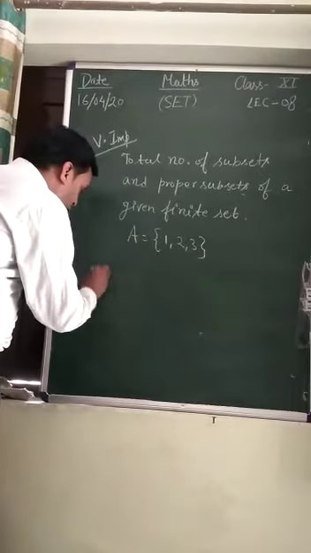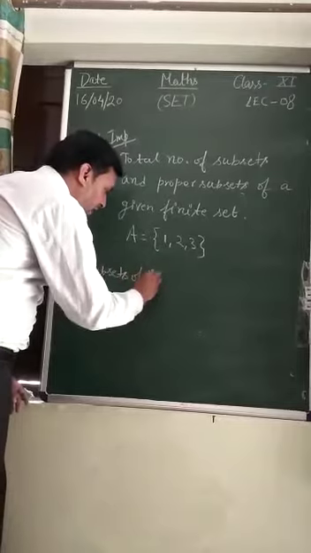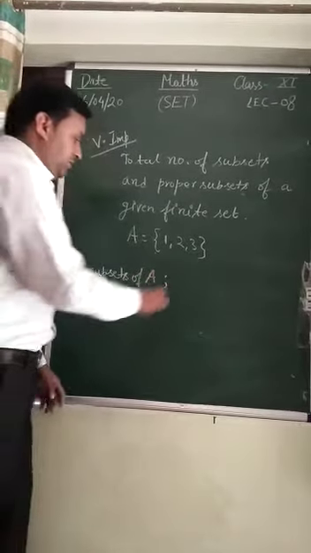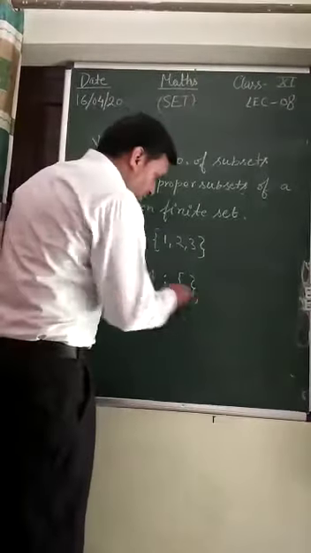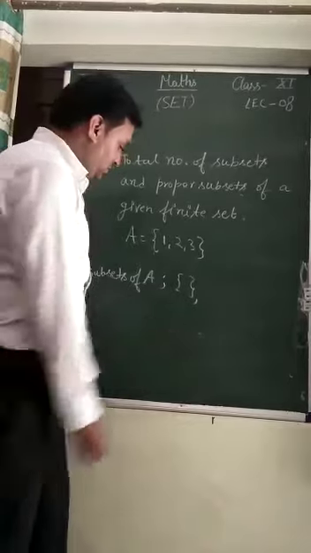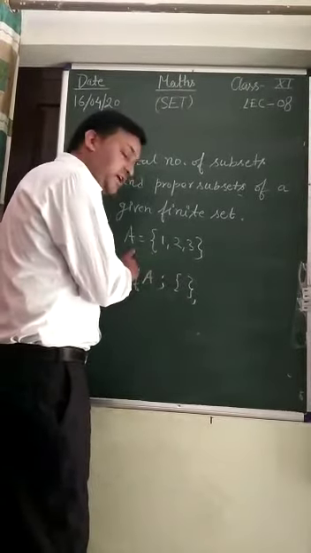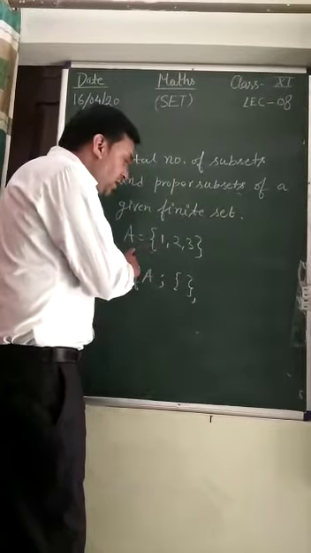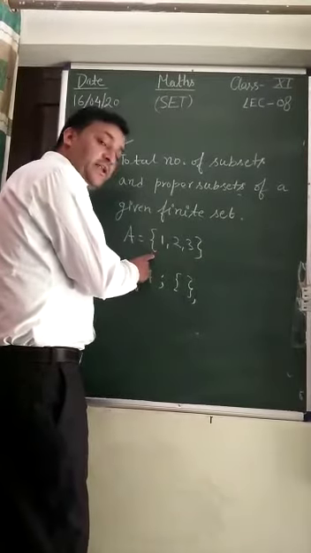The subsets of A are: the empty set. Here, how do we make subsets? The first subset of this set is the empty set, because the empty set is a subset of every set. Now we make subsets by taking one element.